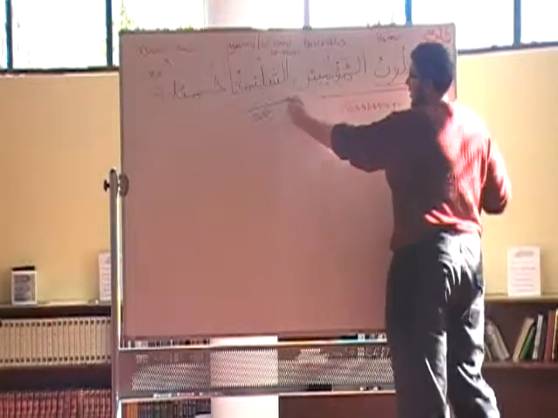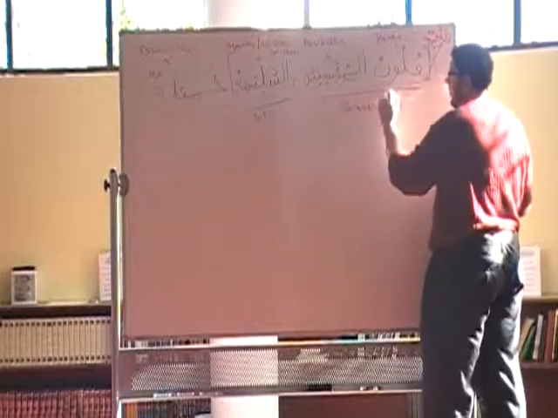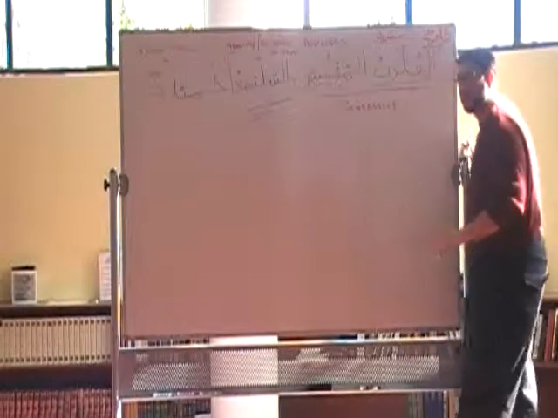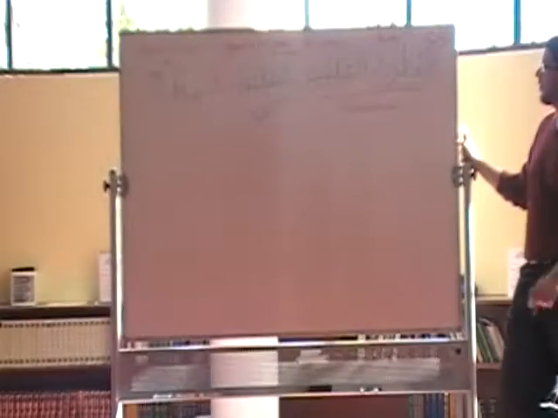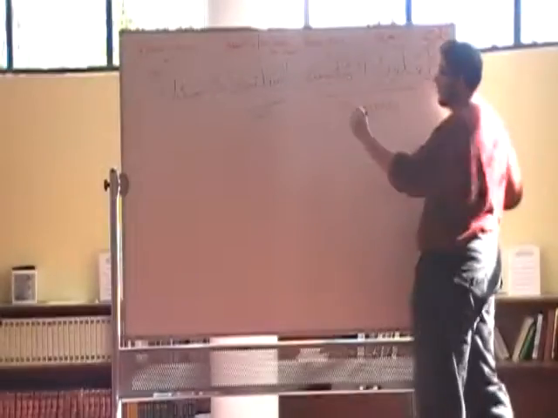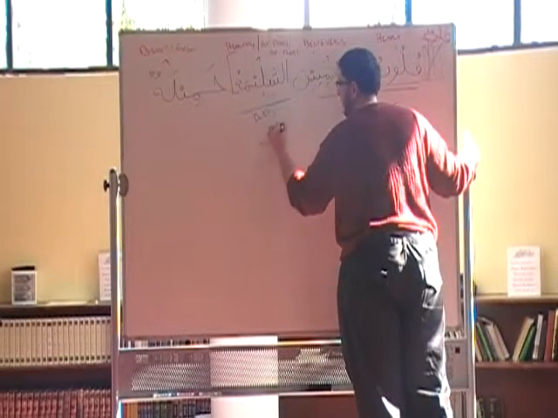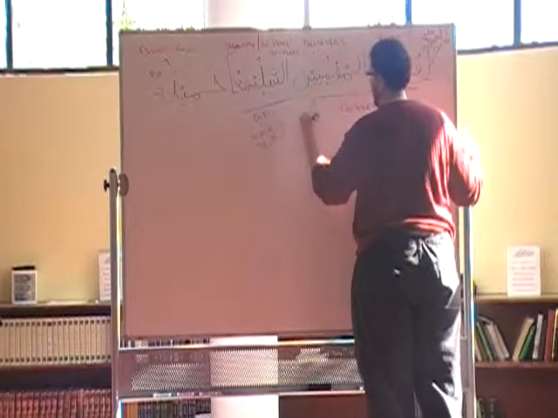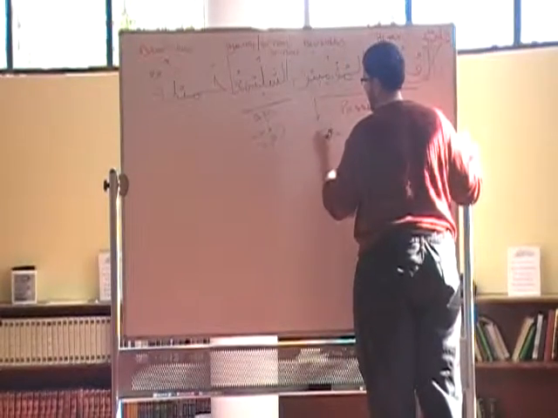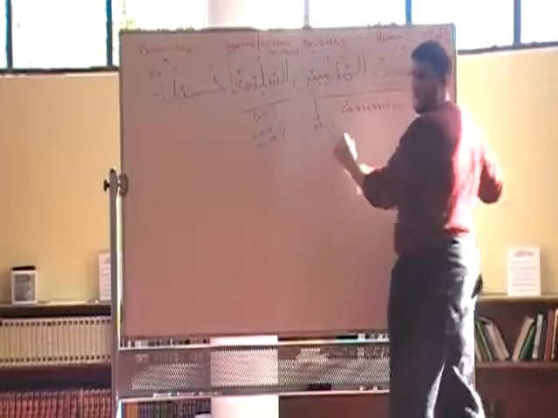But why is as-salima describing qulub, but it's not describing al-mu'minina? Because it's rafa'. Nope, they're all rafa'. That's excellent. So this is rafa'un. It's feminine. This is jarrun. Okay? Why is this jarrun?